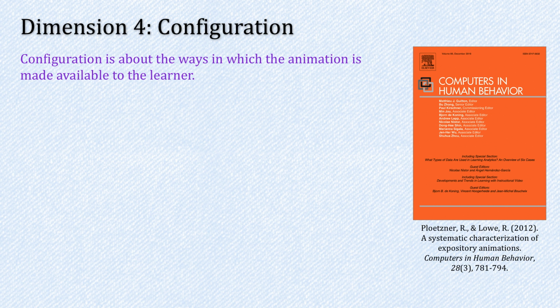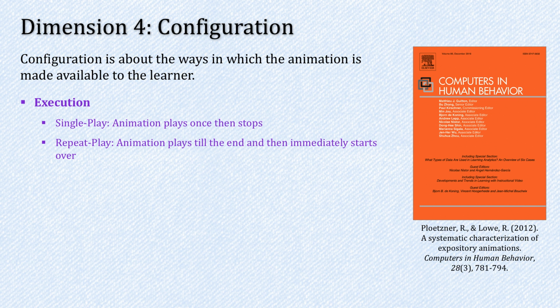The fourth and final dimension is configuration. And configuration is about the ways in which animation is made available to the learner. And this has to do with first execution. Does the animation just play once and then stop? Or does it repeat itself in a loop? So it plays all the way to the end and then starts over.